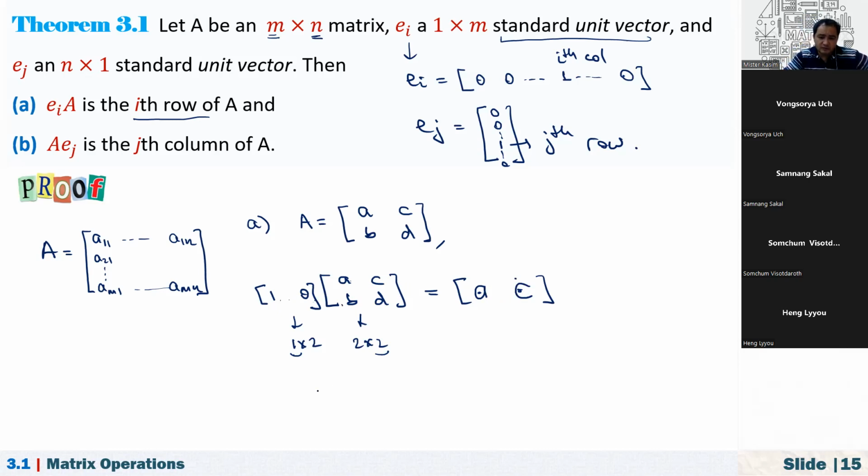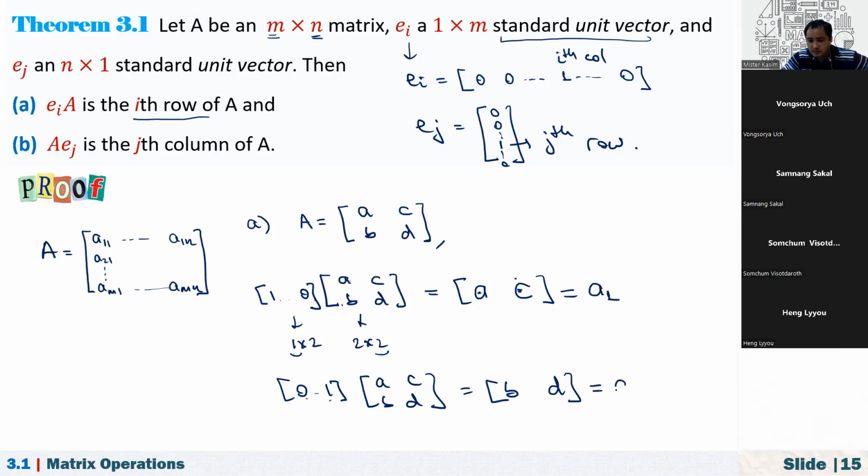Now if you multiply by 0, 1: 0 times A plus 1 times C gives C, and 0 times B plus 1 times D gives D. So this one is the first row, and this one is the second row of the given matrix.